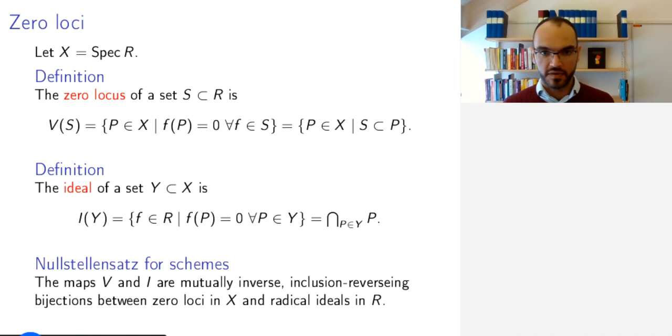And as for varieties, you get a version of the Nullstellensatz for schemes.